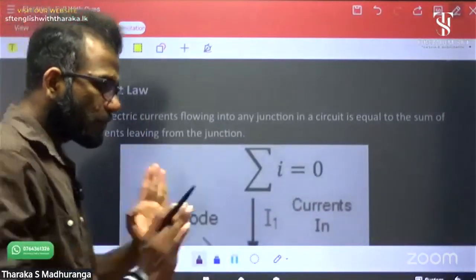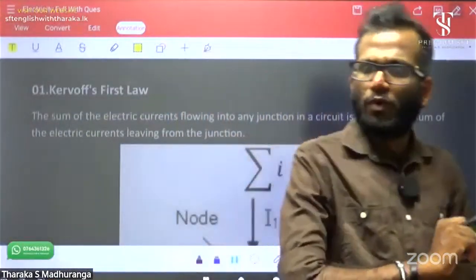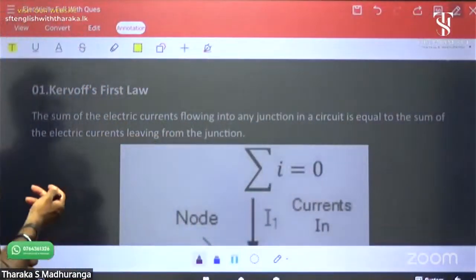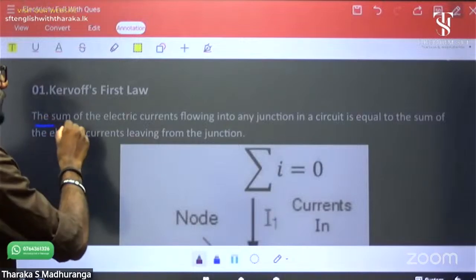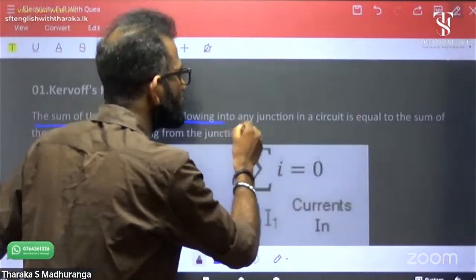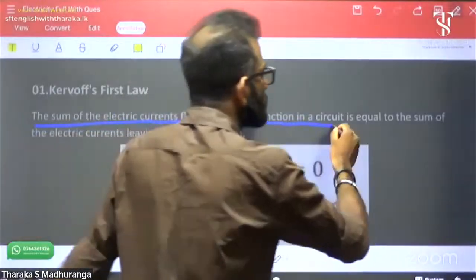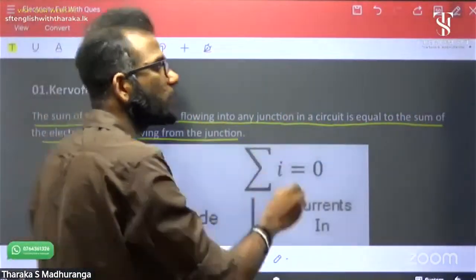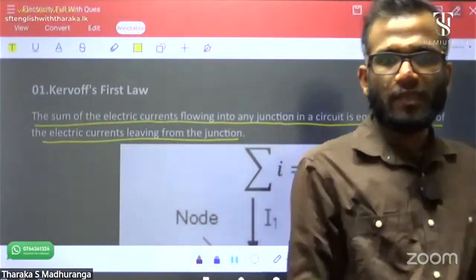Kirchhoff's first law is actually very easy. Now you already know it. The sum of the electric current flowing into any junction in a circuit is equal to the sum of the electric current leaving the junction. It's very simple.